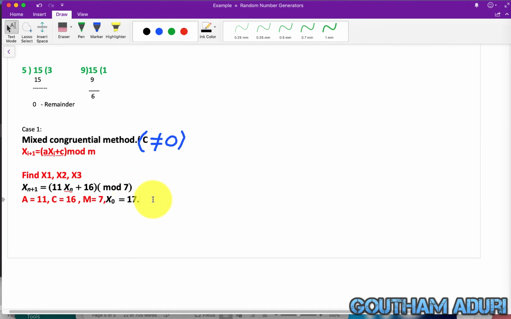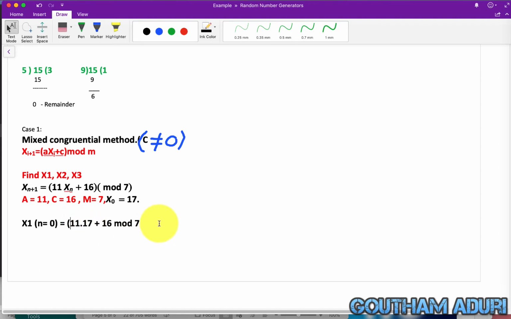Now to find x1, n becomes 0, so I substitute n equal to 0. So 11 into x0, x0 is 17, plus 16 mod 7.